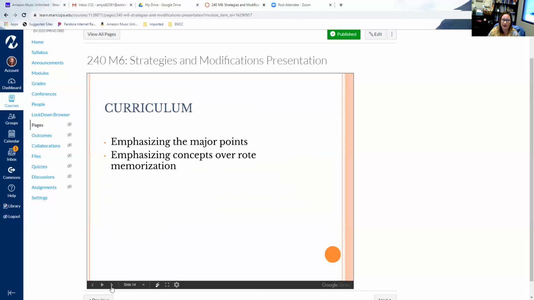For curriculum, maybe we need to just emphasize the major points and not all of the specific details that go with that. So maybe they don't need to learn all of the specifics, but they need to understand 3 major points about the Civil War. So thinking about that topic and what's important for them to show knowledge and understanding, but do they need all of the details?